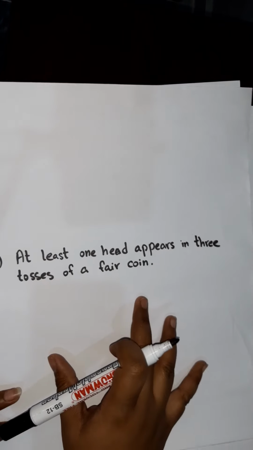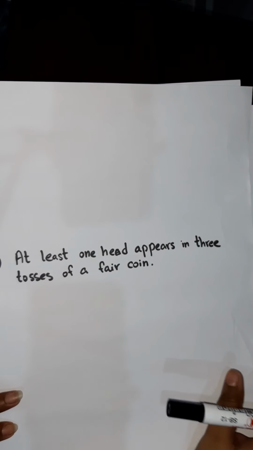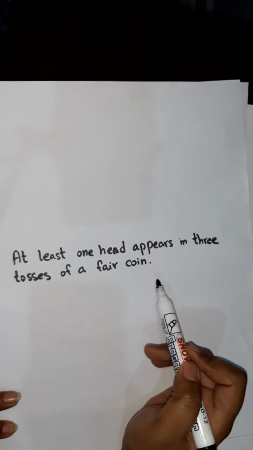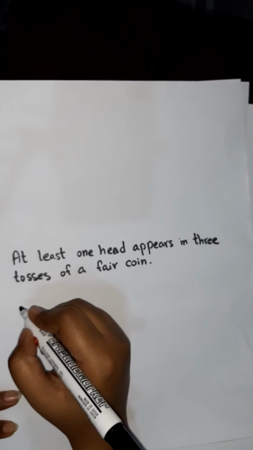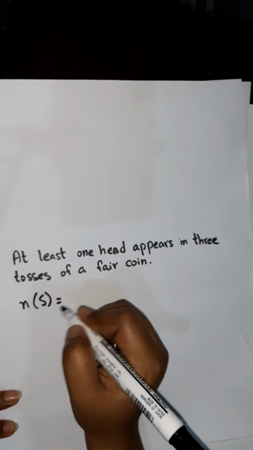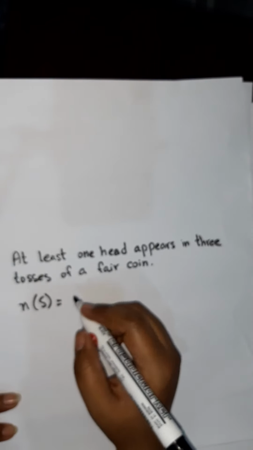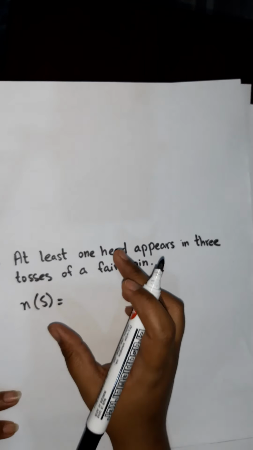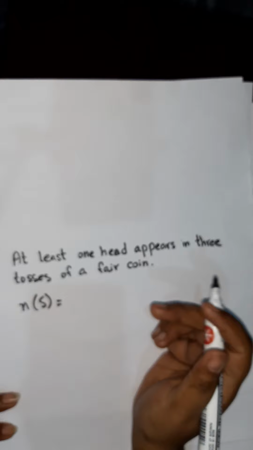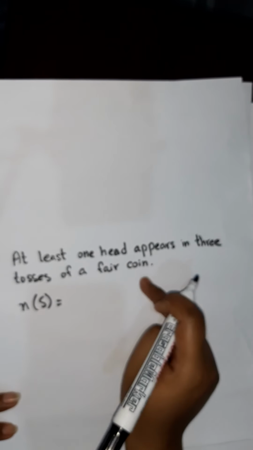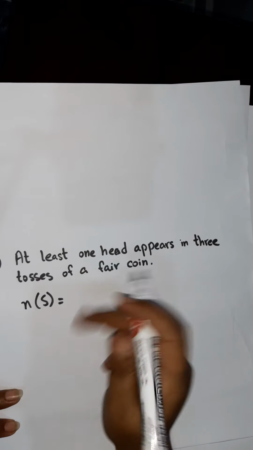Now part 3 of this question. At least one head appears in 3 tosses of a fair coin. Now for n of s, the number of outcomes in the sample space, we will calculate the possible number of outcomes here. The situation is a fair coin is tossed 3 times.